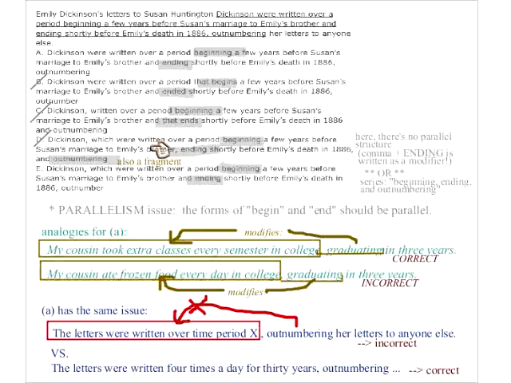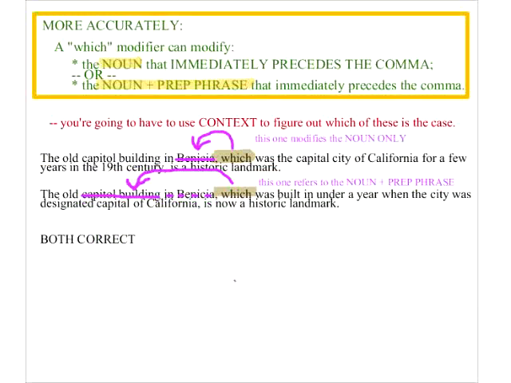Okay, somebody asked a question about the which modifier with a comma. Let me elaborate on that. Which modifiers and commas. If you have which by itself, then as far as GMAT usage, it must follow a comma.